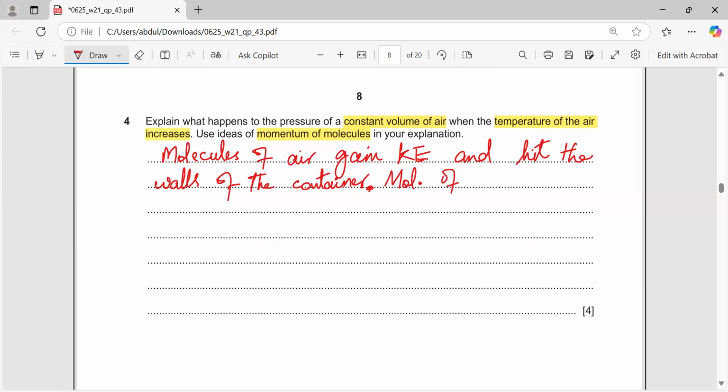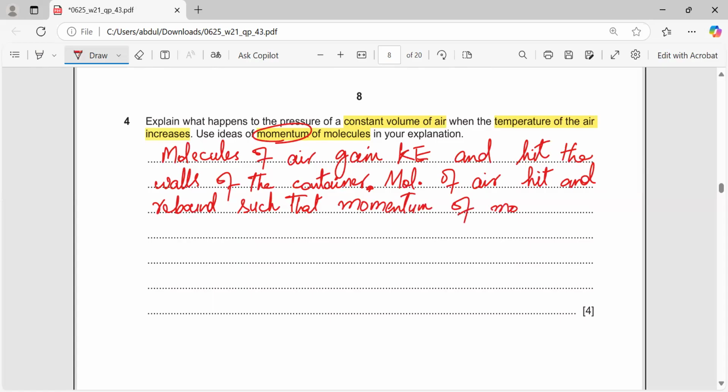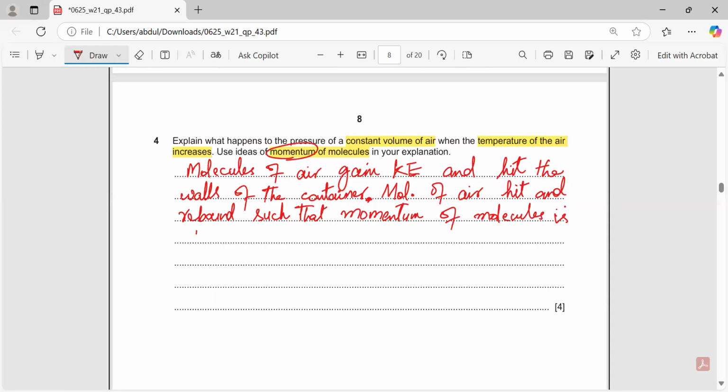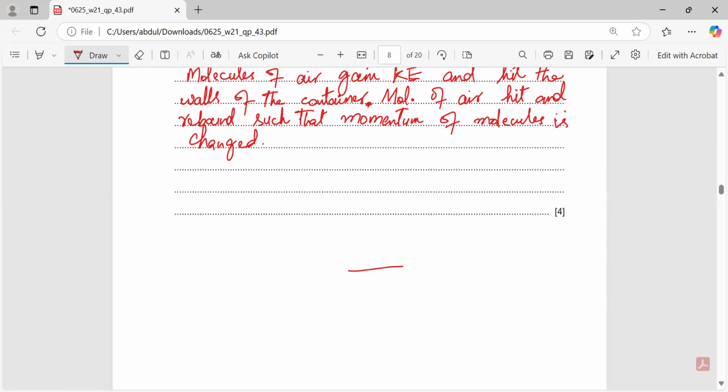Molecules of air hit and rebound such that the momentum of molecules is changed. How is the momentum of the molecules changed?